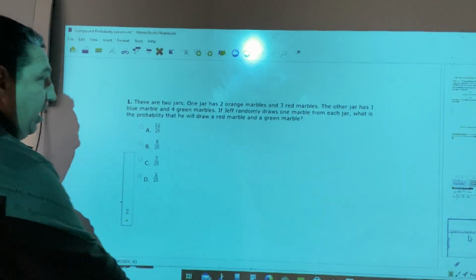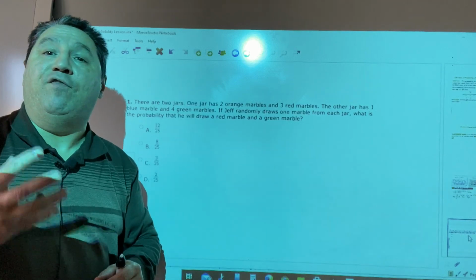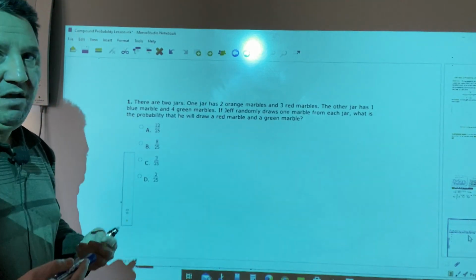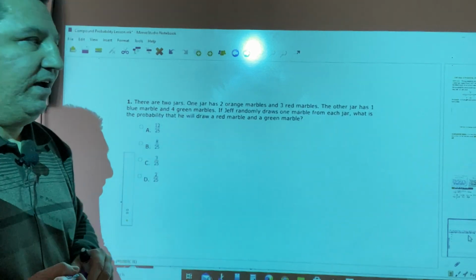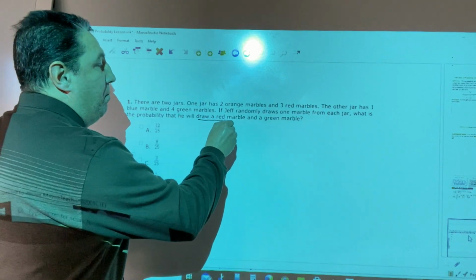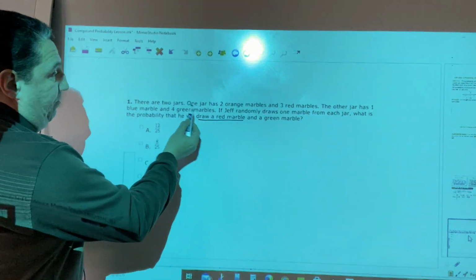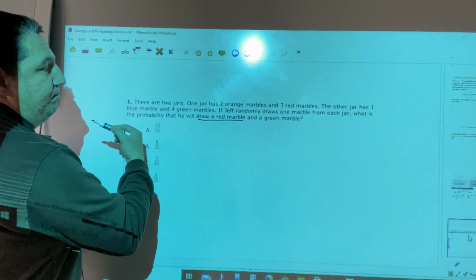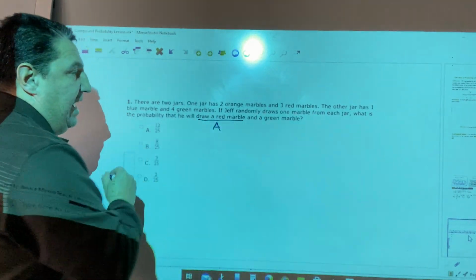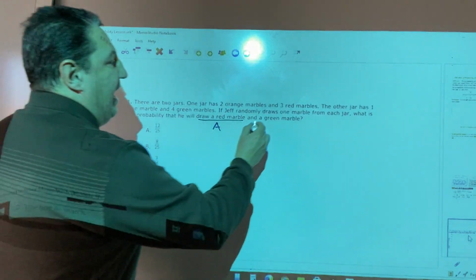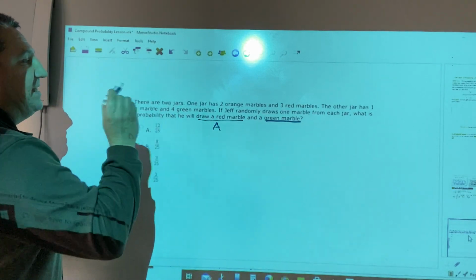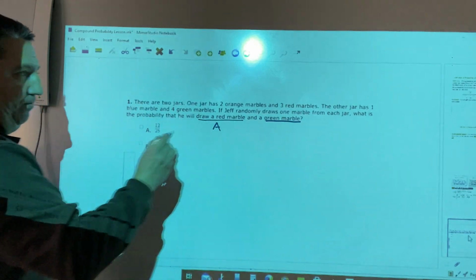First, we have to identify the events. Event A, or let's say first event, is drawing a red marble from the first jar. This is event A. Event B is drawing a green marble from the second jar.